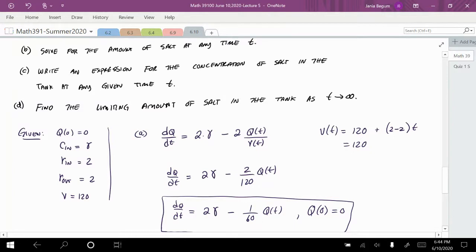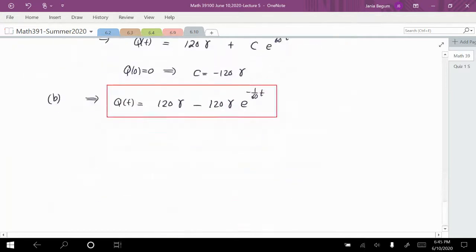So how do you find part C? Isn't it just Q of t over V, the concentration? So we know, right, thank you. So C of t, we know it's going to be Q of t over V of t.